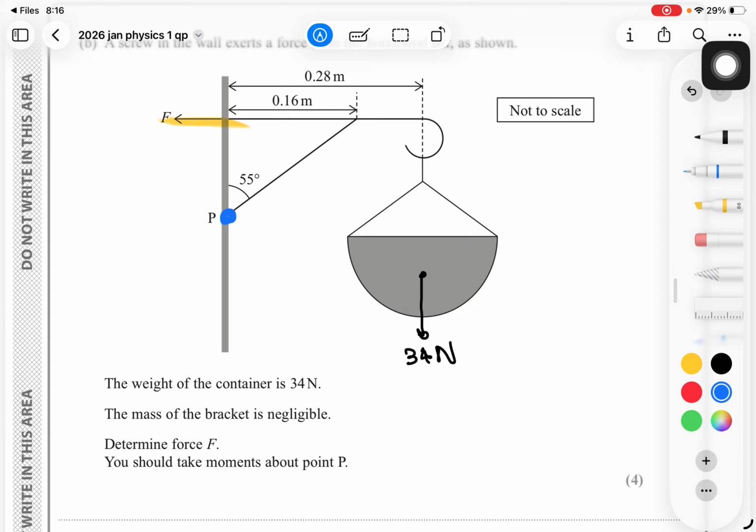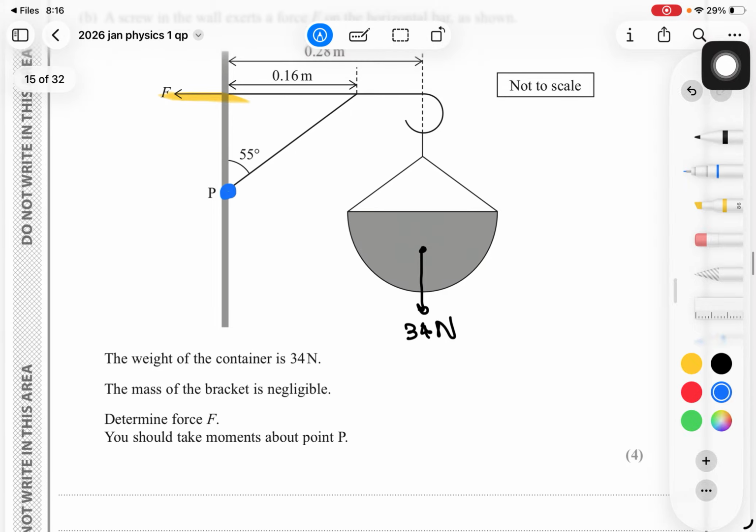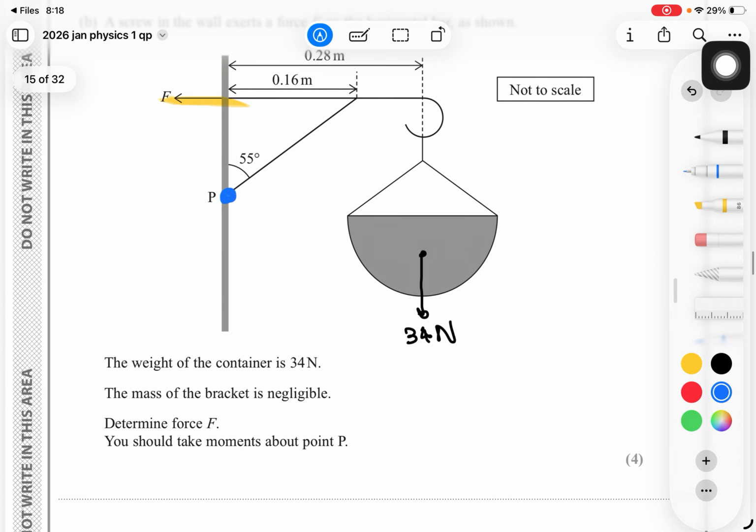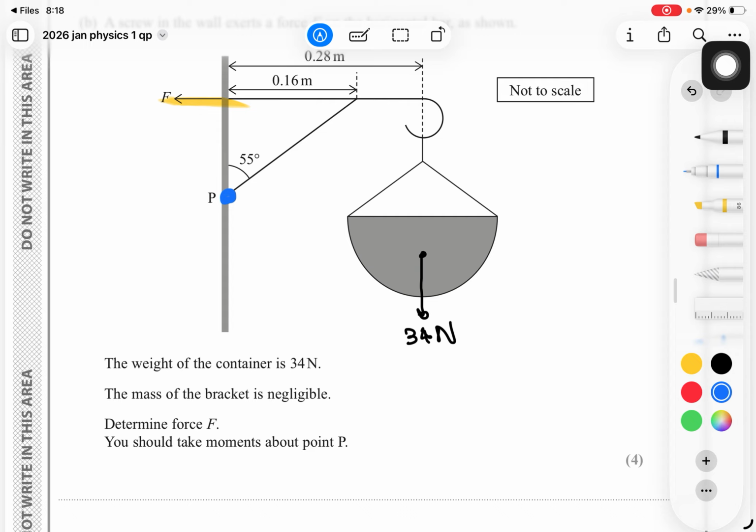Okay, to get that, let's see the forces. Now let's get the moments around the point P. What we know is we always take the perpendicular distance.